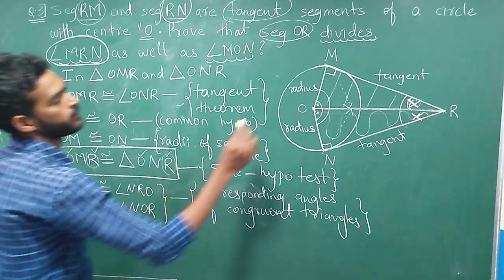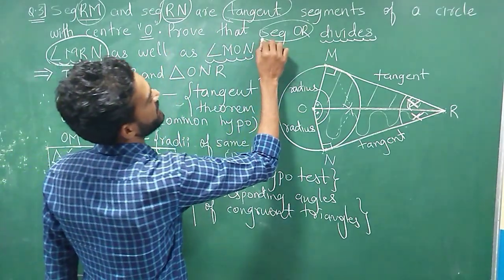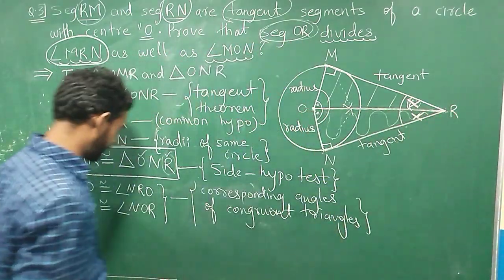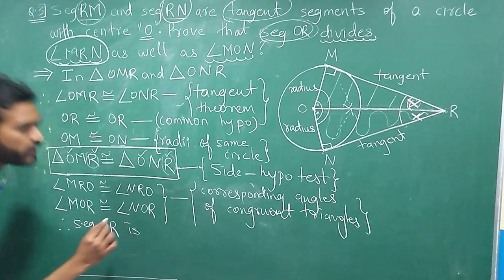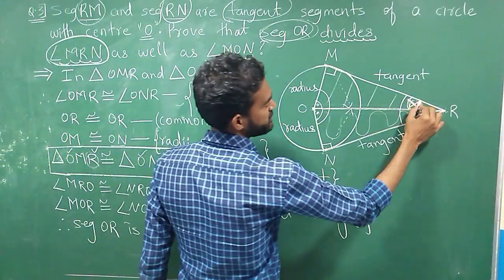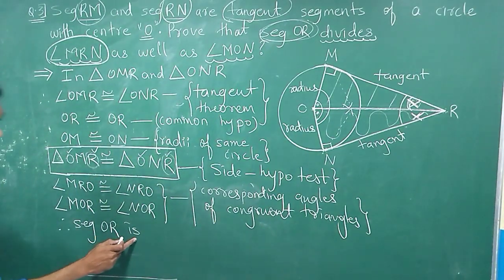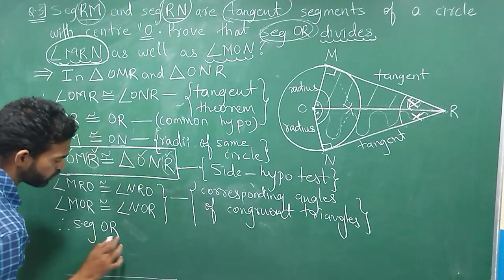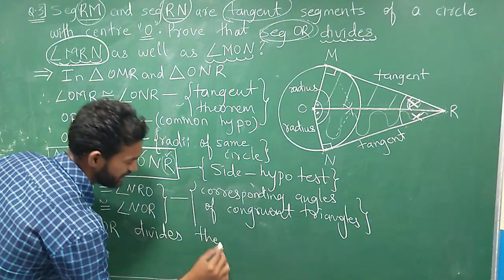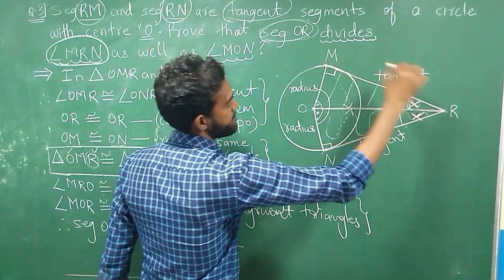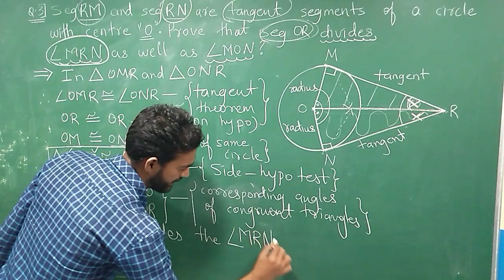Therefore, we write here: segment OR divides the angle MRN, it bisects the angle MRN.